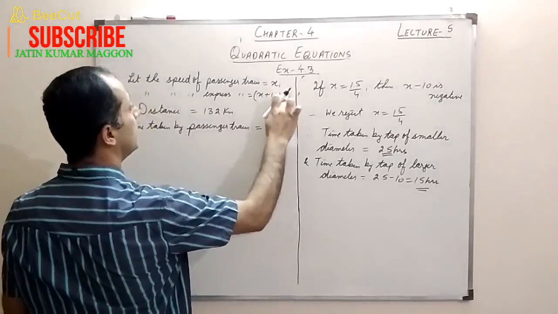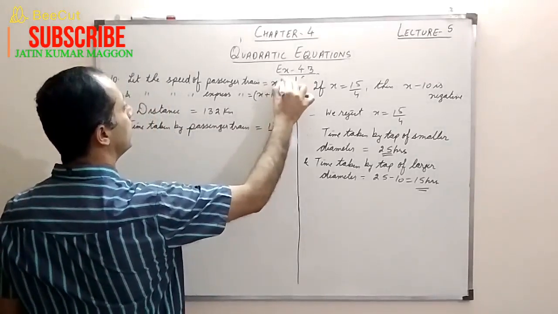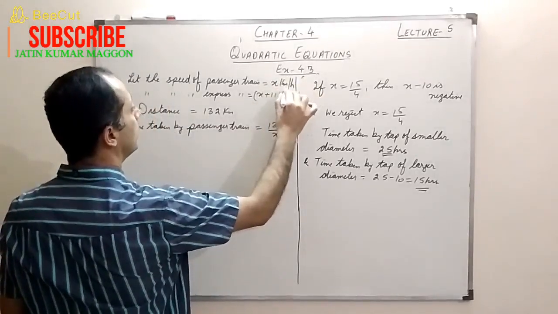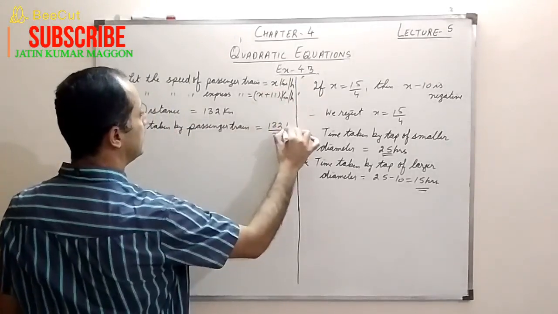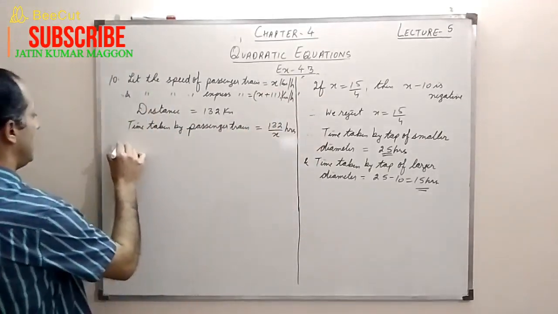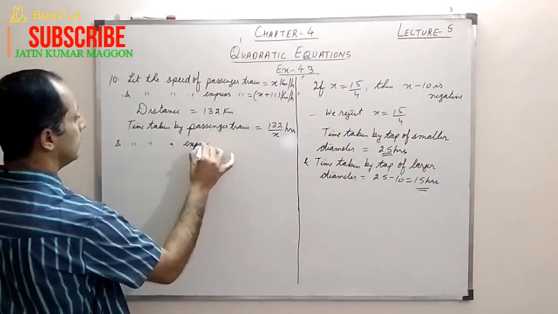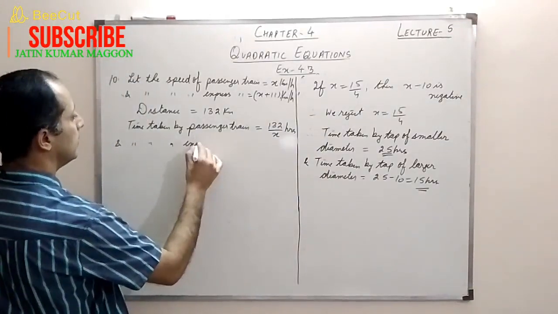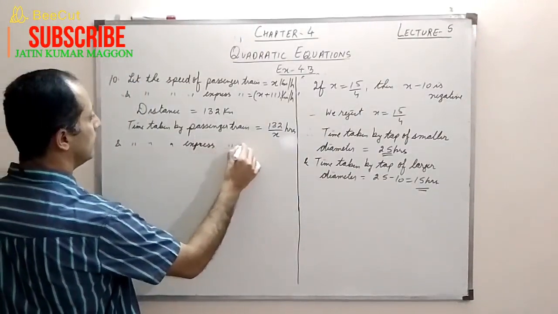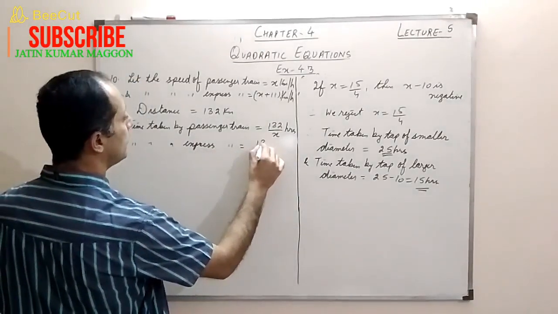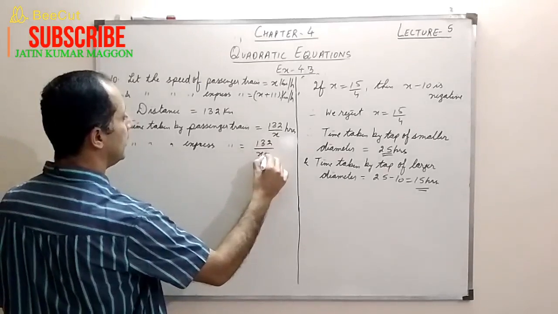A small mistake here: the speed would be in kilometers per hour. So this is hours, and the time taken by the express train is equal to 132/(x + 11).